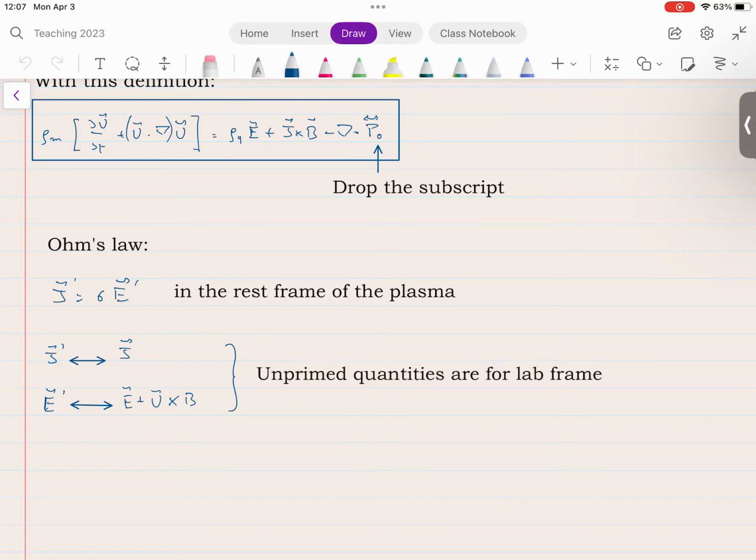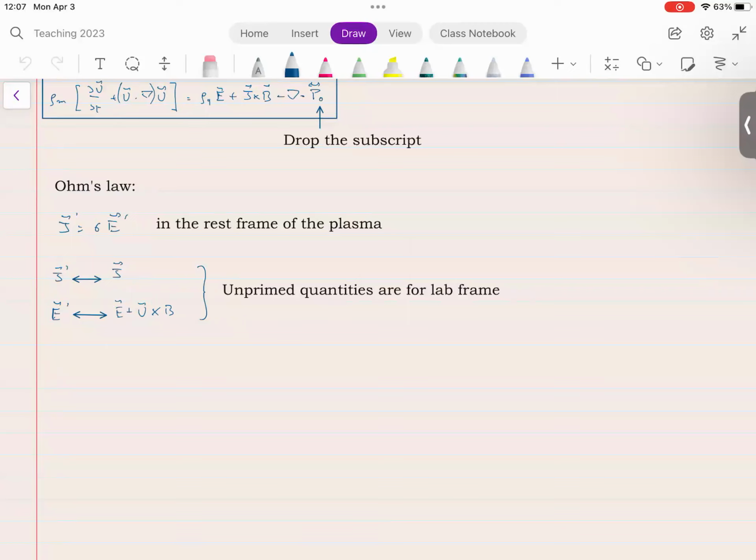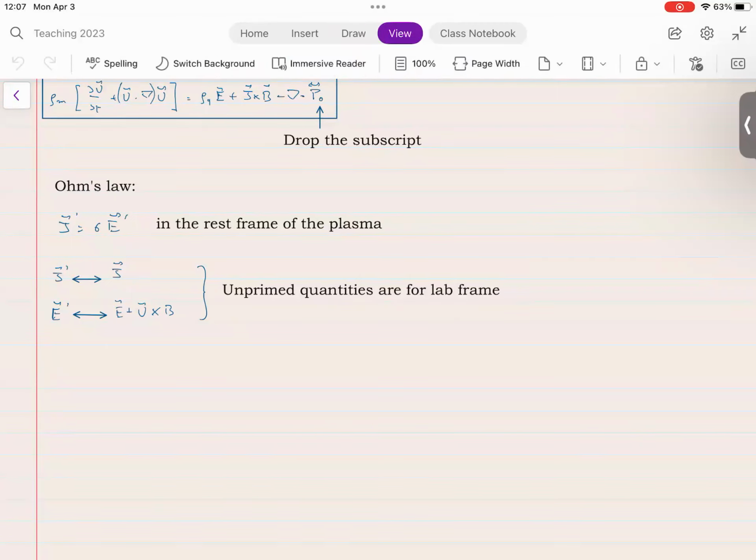Okay, and sigma doesn't change, stays sigma.